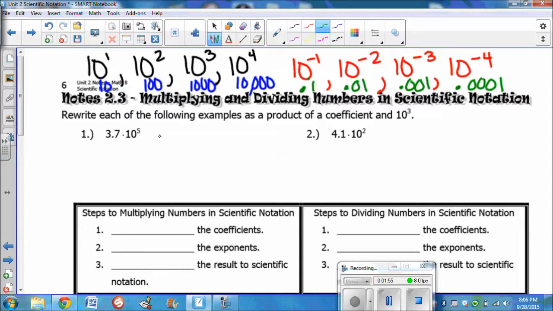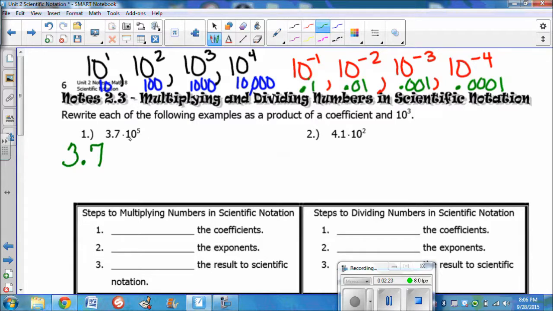All right, so now this one says rewrite each of the following examples as a product of a coefficient and 10 to the third. So when I take this first one, 3.7, our coefficient is good because the number in front of the decimal needs to be between 1 and 10, which it is.